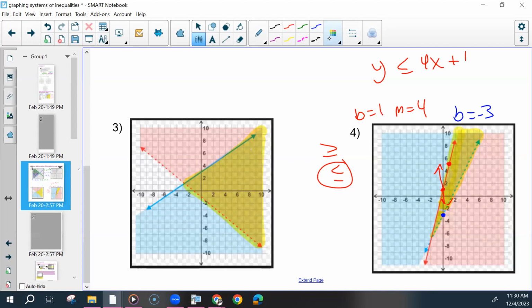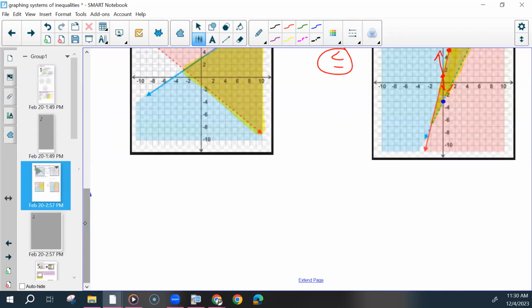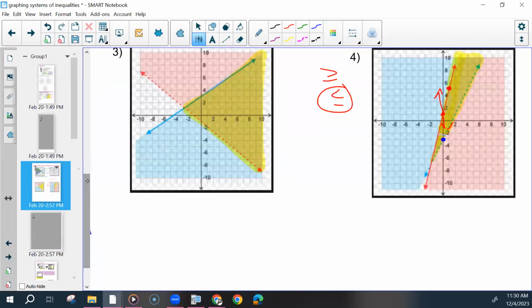Yours is a little hard to see, so you can look at the board if it's easier to see. I want to say this point. So that would be up 2/1. Let's see if that tracks. That looks right. And then if the line kept going, it would be the other one. So 2/1 or 2.